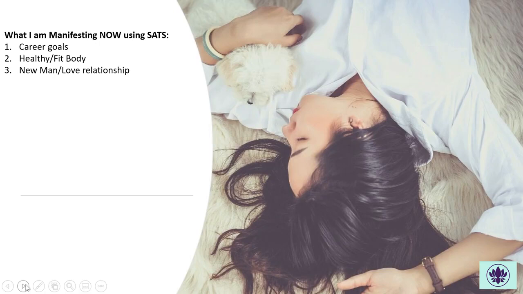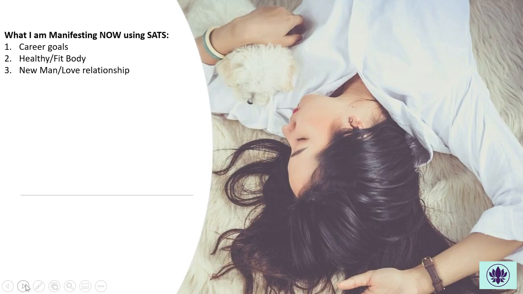Healthy, fit body. Just to give you an example, I'll fall asleep. I've lost weight since I got here in California, and I want to lose another 10 pounds. I'm eating healthy, of course, and I'm working out and exercising, but I'm also using SATS. When I'm falling asleep, I'm imagining that I already have the body that I desire, that I'm already at my weight goal.